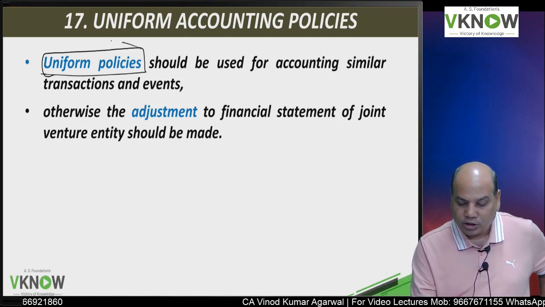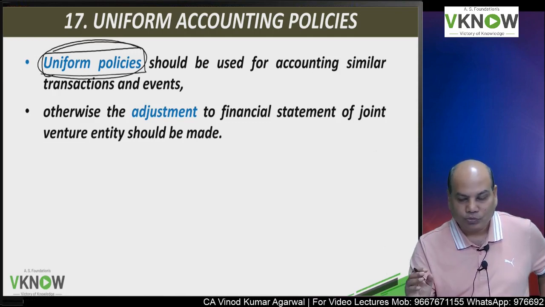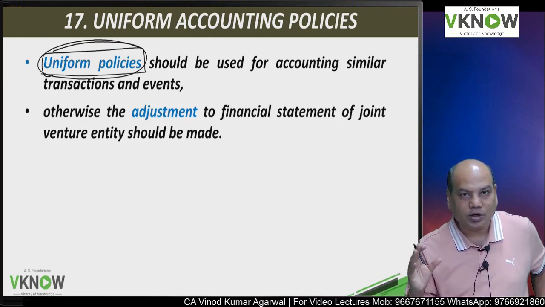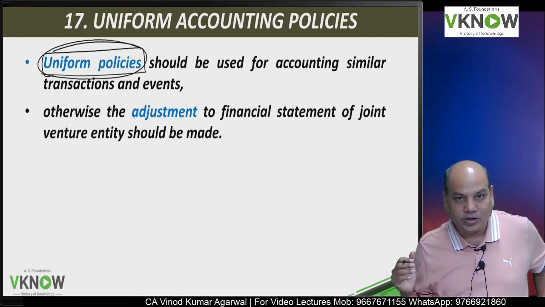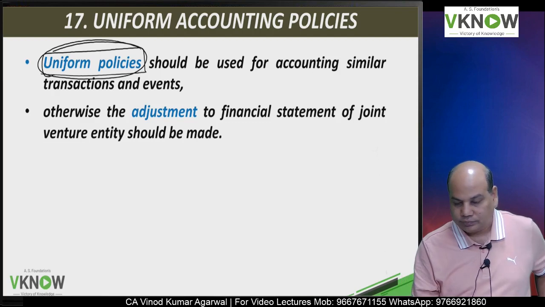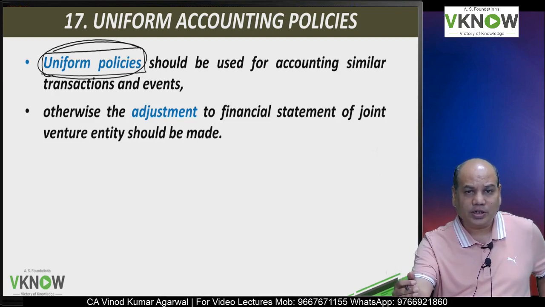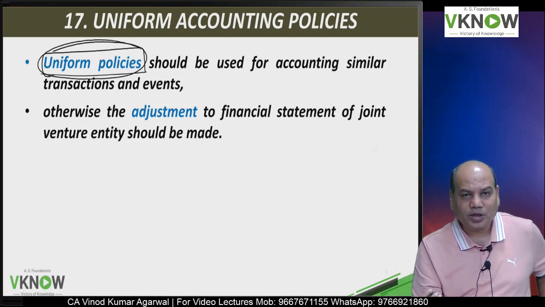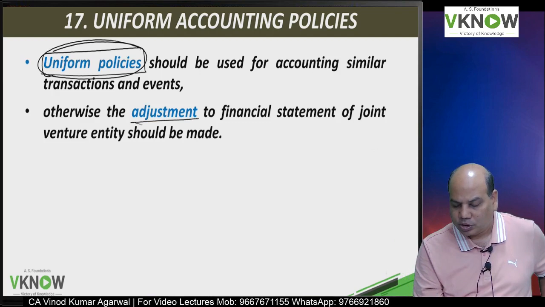The jointly controlled entity may be in a different country, let us say USA. So they may be applying a different set of accounting policies, whereas the Indian venturer may have a different set. So you ask your jointly controlled entity to please prepare financial statements as per our policy, but that may not be possible.